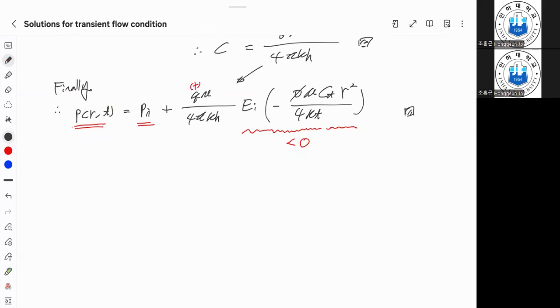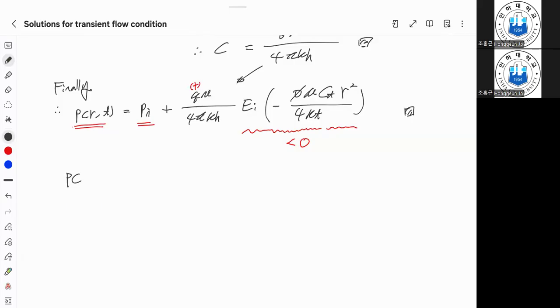Basically this function shows you the solution at every location and every time, but in well testing, we can only get the sense of the pressure in the bottom hole, meaning we typically only need this one.